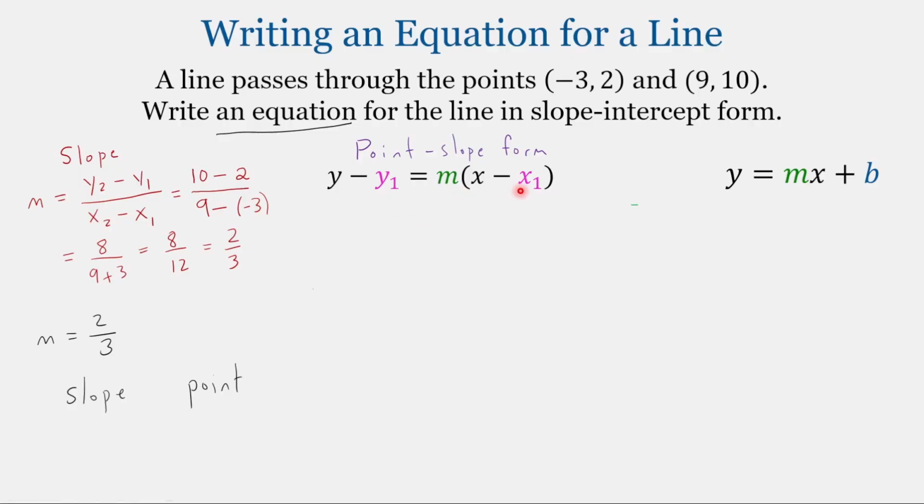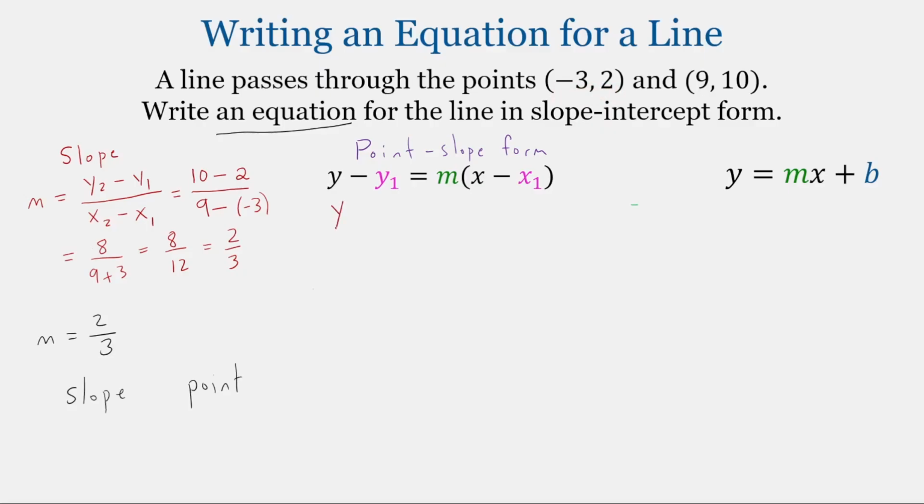So with this point-slope form, we're going to plug our value for slope, m, into the equation, as well as the x and y coordinate values for one of those points. It doesn't matter which point you pick. I'm going to choose -3, 2.